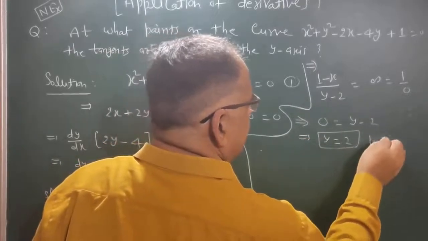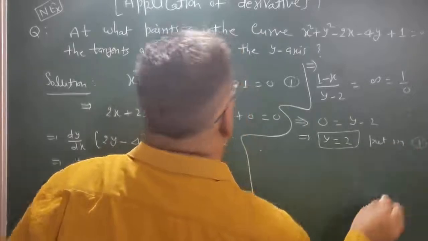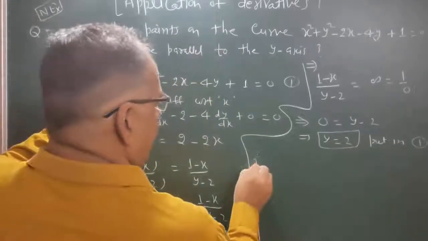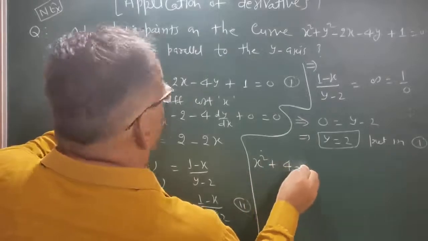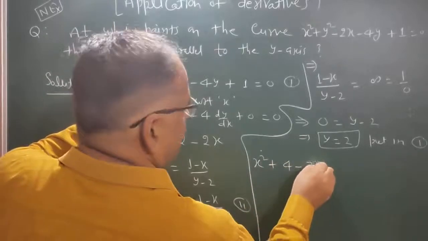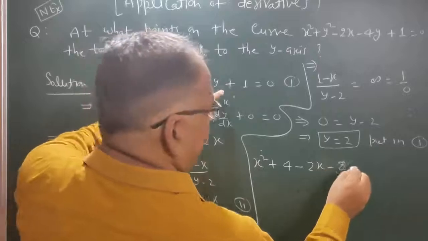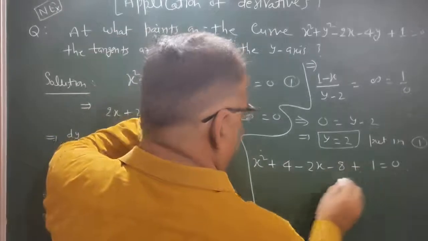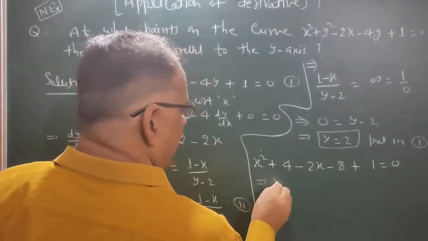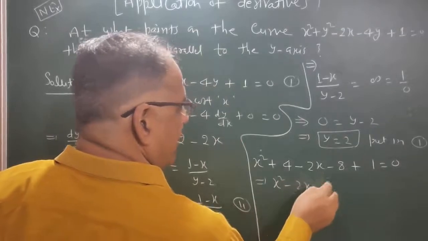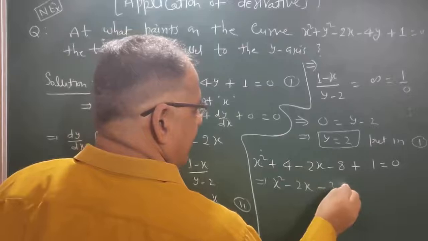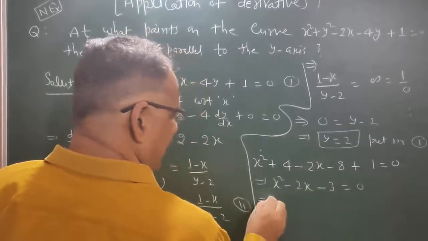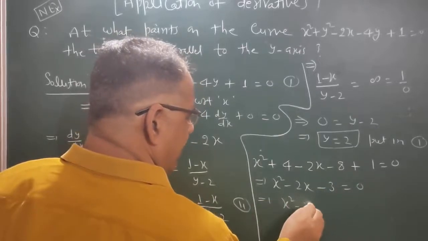Put this in equation one, the equation of the curve. So this becomes x² + 4 - 2x - 8 + 1 = 0. Arrange these terms. Now we have x² - 2x - 8 + 4 + 1, that is x² - 2x - 3 = 0.